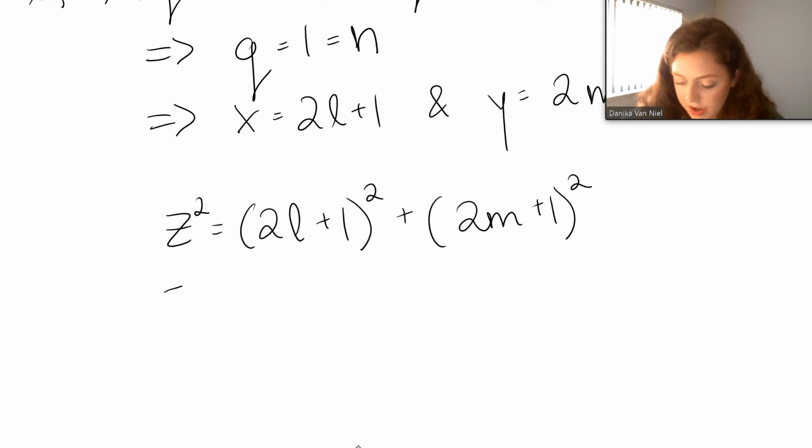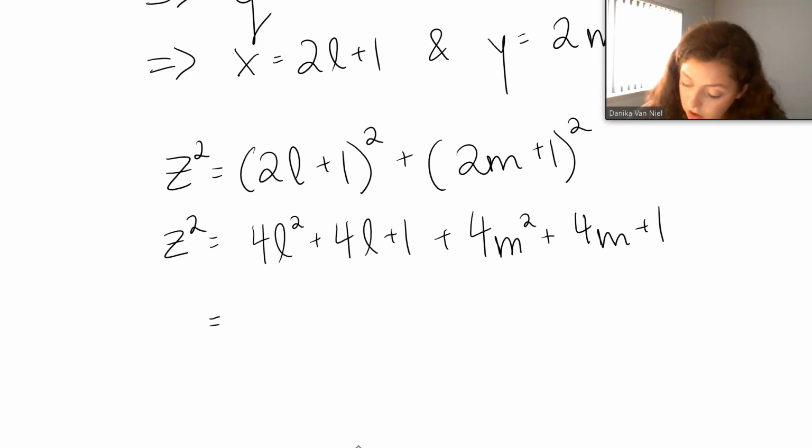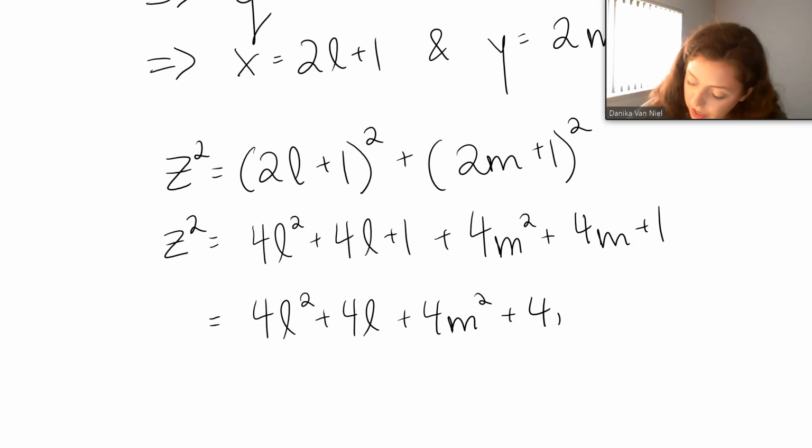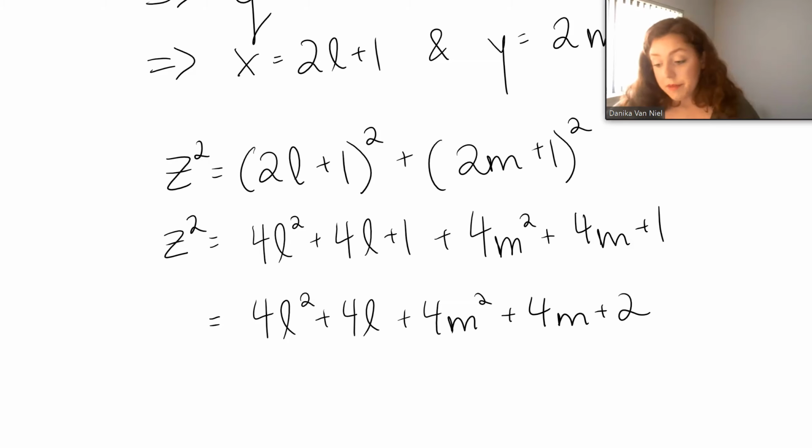Okay, so let's see, z squared equals, and now let's work it out. So 4l squared plus 4l plus 4m squared plus 4m plus 2. Well, what am I even trying to do now? Because I can't just take a square root out of nowhere. That's not very helpful, and then plus or minuses.